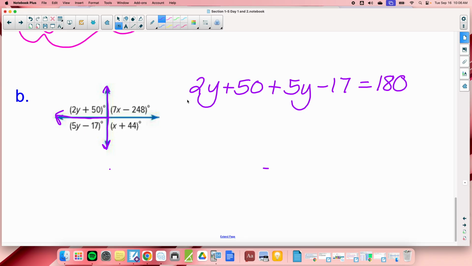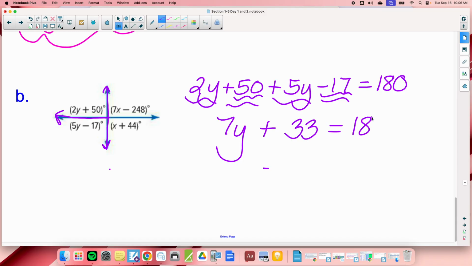Now add your 2y plus 5y, that's 7y. 50 minus 17 is 33, and that equals 180, okay?